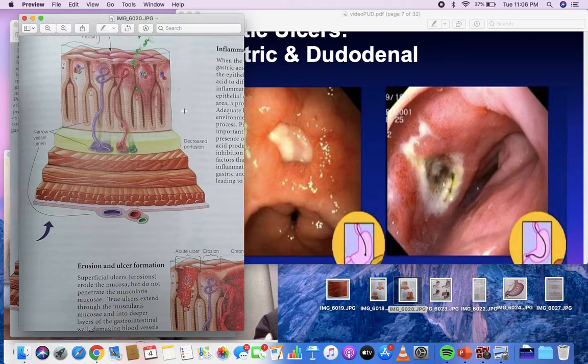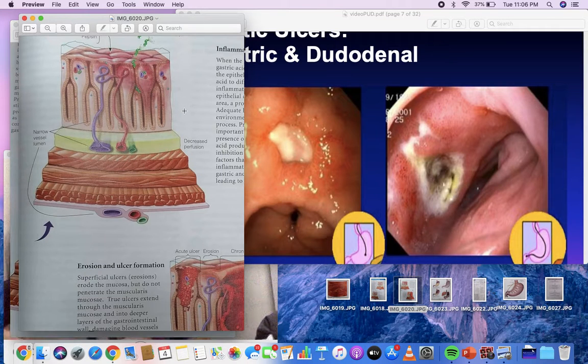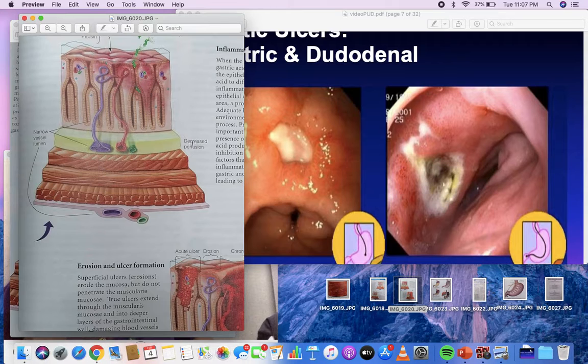Adequate blood flow and an alkaline environment are necessary for this repair process. Prostaglandins play an important role in epithelial repair. In the presence of Helicobacter pylori infection, excess acid production, inadequate blood flow, inhibition of prostaglandins, and decreased perfusion, the inflammatory process further damages gastric and duodenal epithelial cells, leading to ulceration of the mucosa.